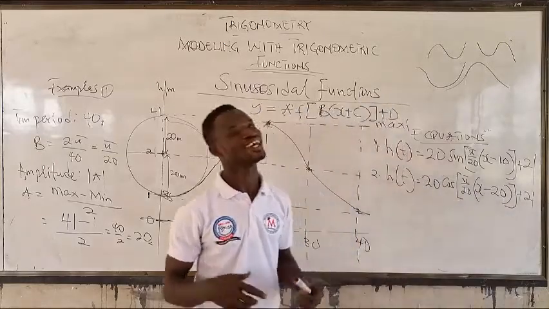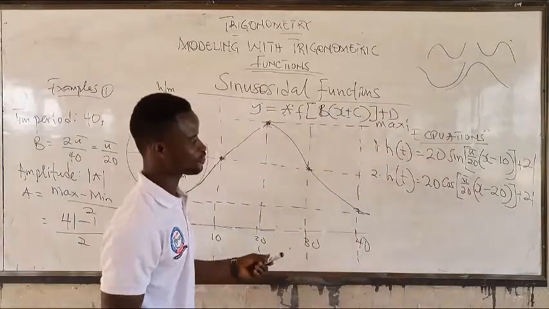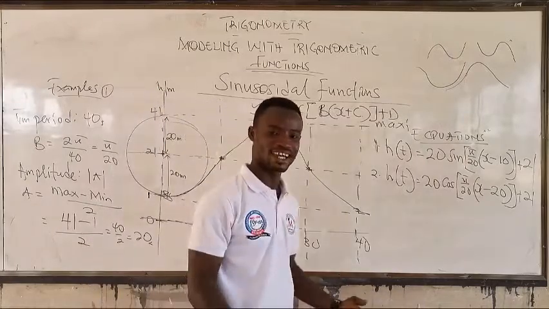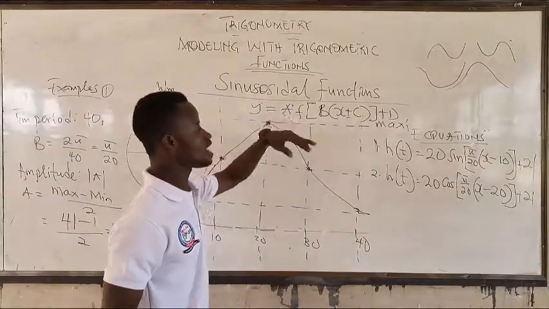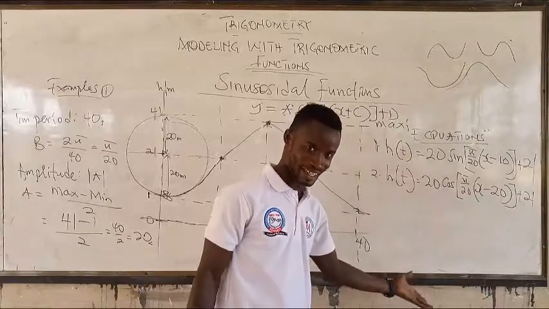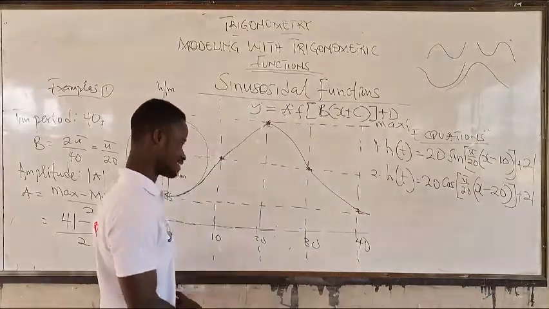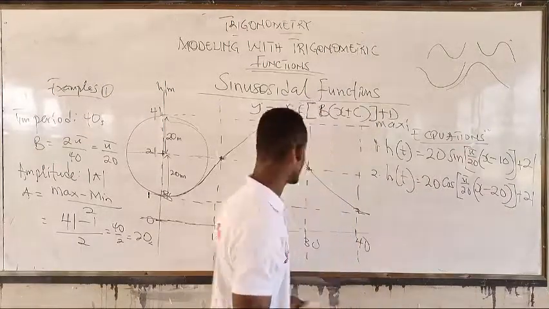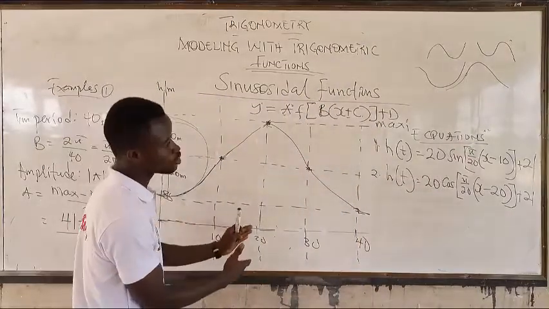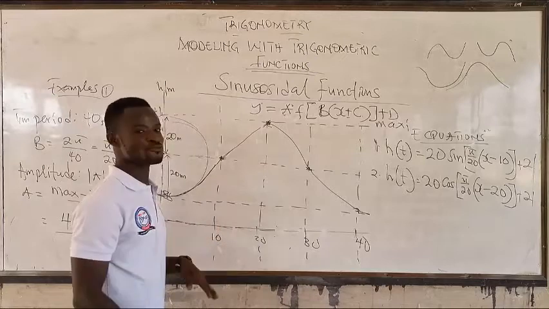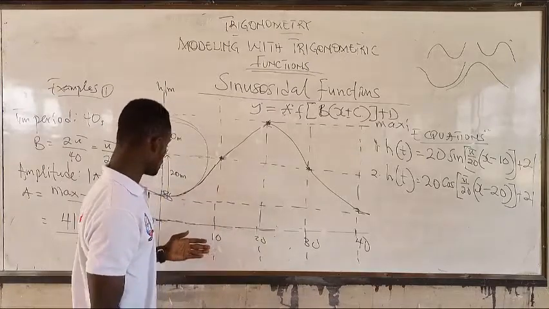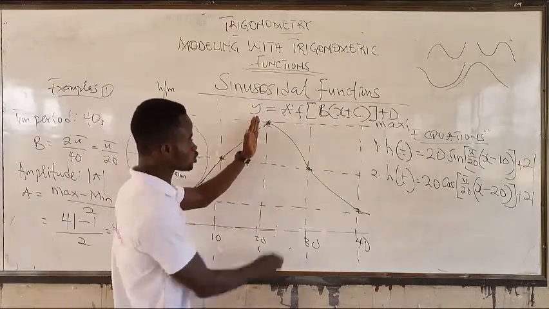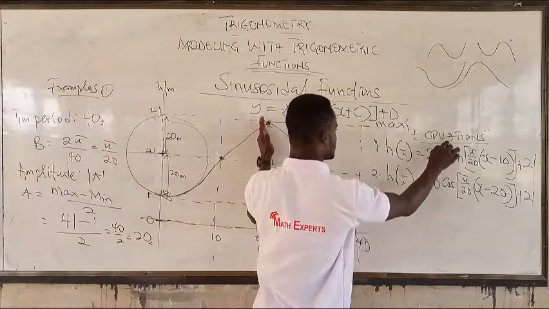Very good. So it depends. Okay? The F here can be sine or cosine. But don't forget, if you are writing it in sine, that means that it will shift to 10. And if you are writing it in cos, it will shift to 20 because the cos graph is in this way.